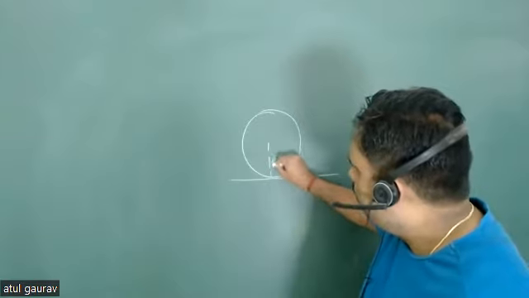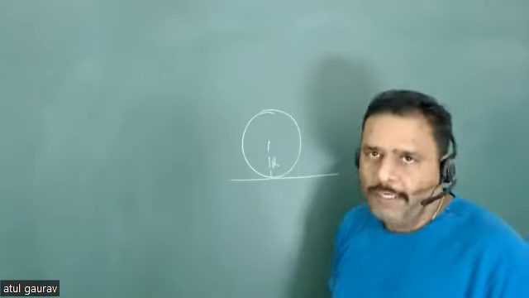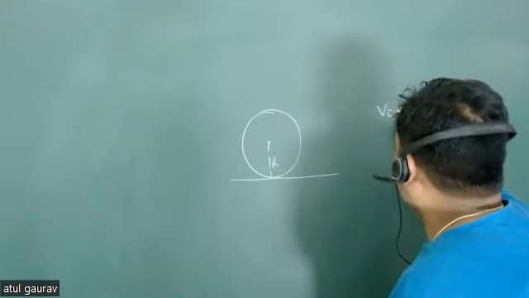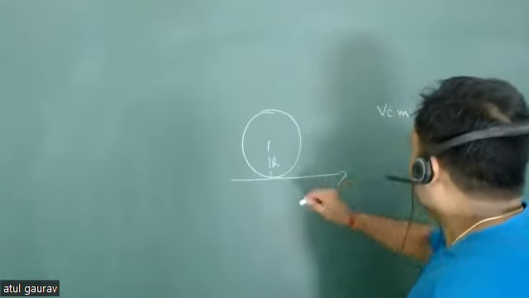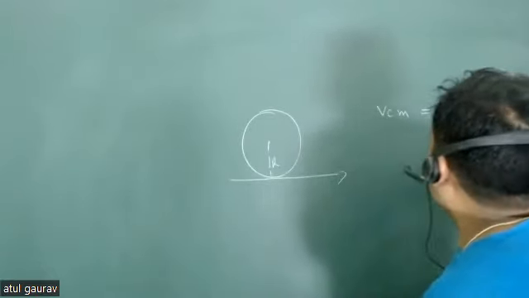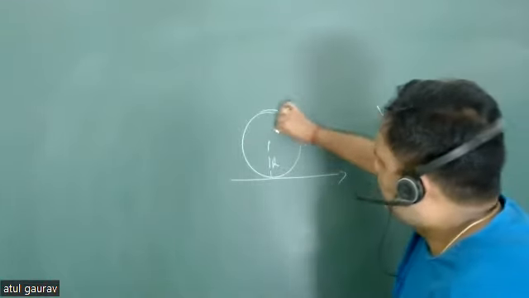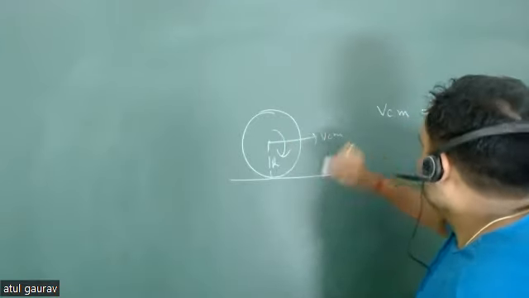Suppose this is r. V equals r omega, sir. V is equal to r omega. Very good. So what will you say? You will say the velocity of the center of mass, if it is moving in the x direction, is equal to omega into r. Omega is the angular velocity, and the center of mass is moving with V_CM.